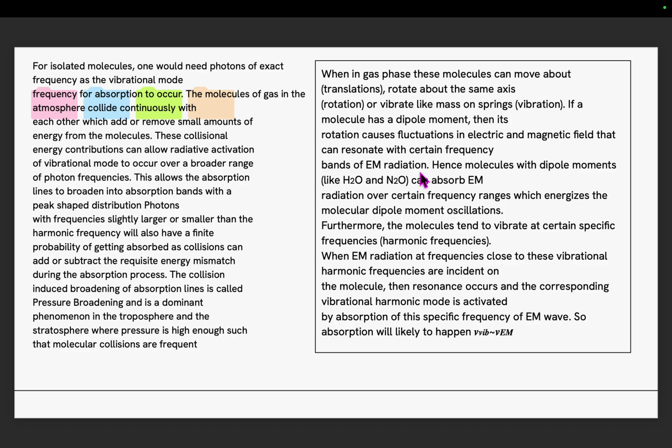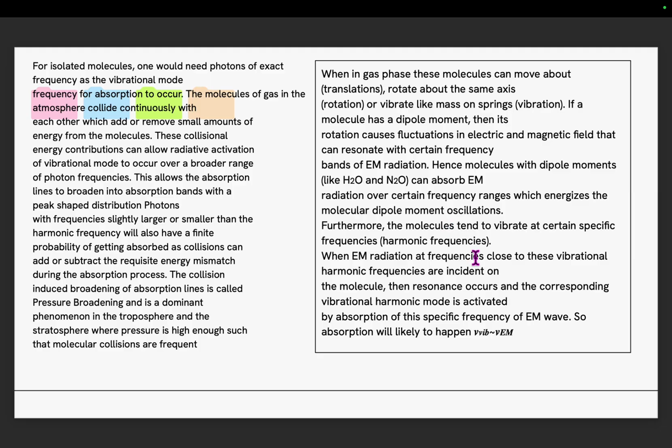Hence, molecules like H2O, nitrous oxide or CO2 absorb the electromagnetic radiation or blackbody radiation coming from the sun over certain frequency ranges, which energizes the molecules' dipole moments to oscillate.